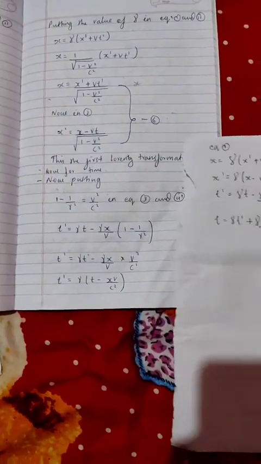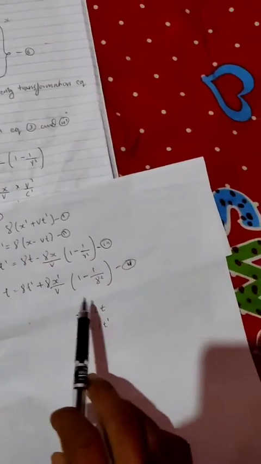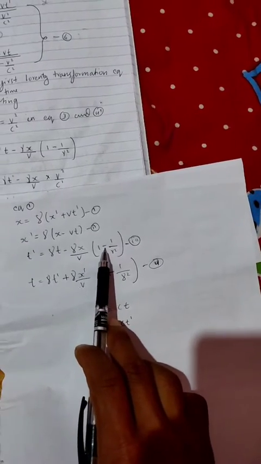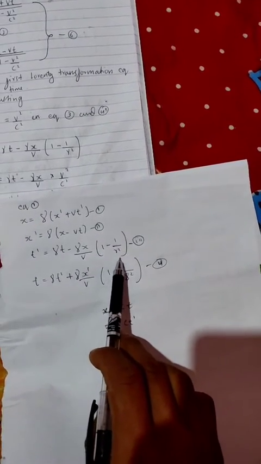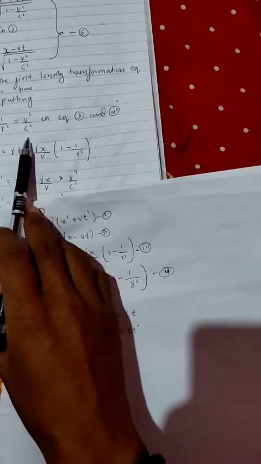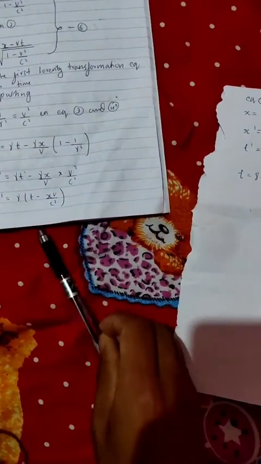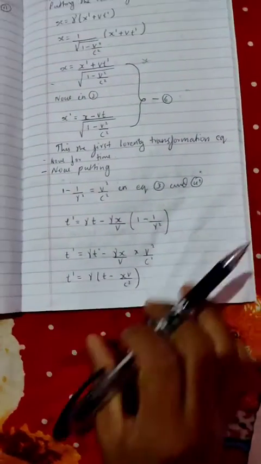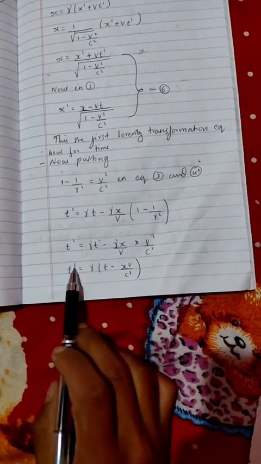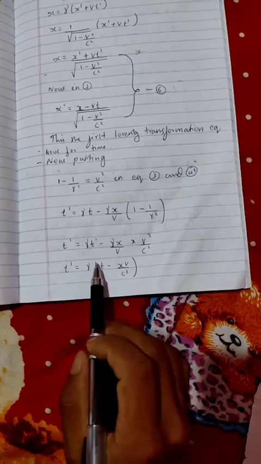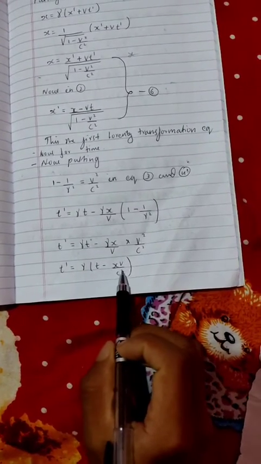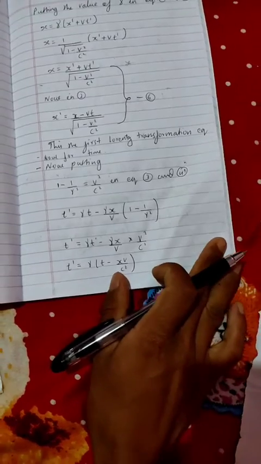See, in equation 3 there is the presence of 1 minus 1 by gamma square, so we can write 1 minus 1 by gamma square in the form of v square by c square. So here we get t prime equals gamma times the bracket t minus x v by c square.